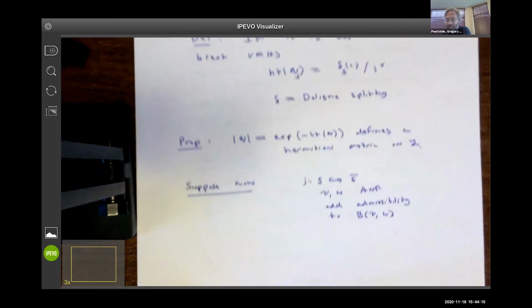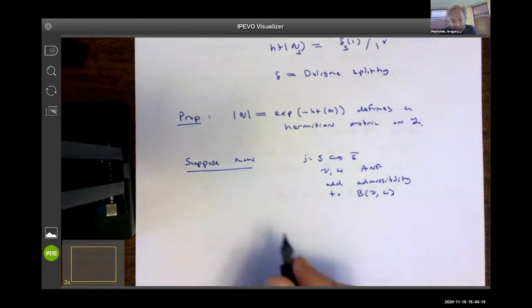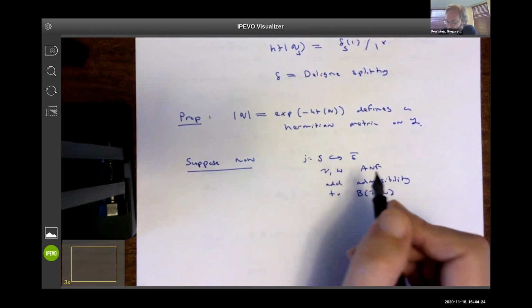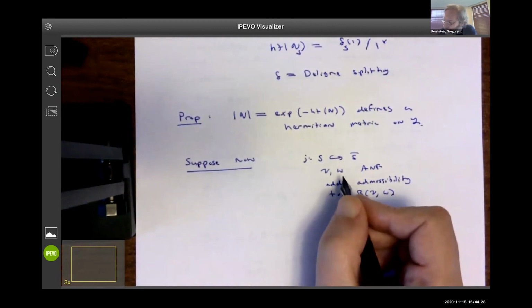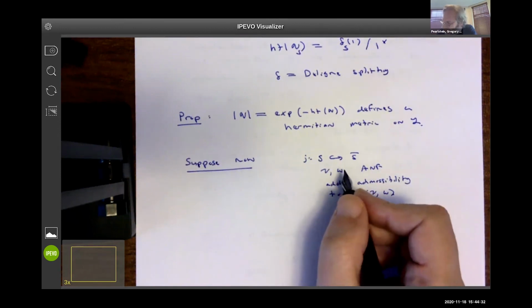Okay. So now what do we want? Now we're going to put S into S bar, normal crossing divisors, etc., etc. I'm going to be assuming unipotent monodromy. That's not strictly necessary, but let's not worry about that.